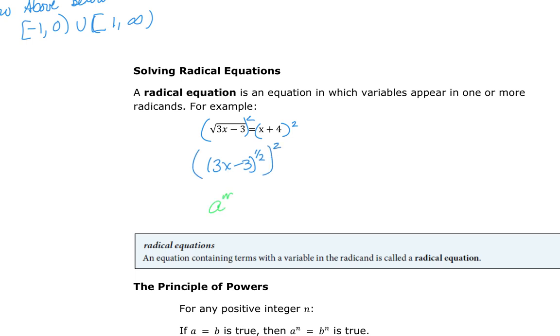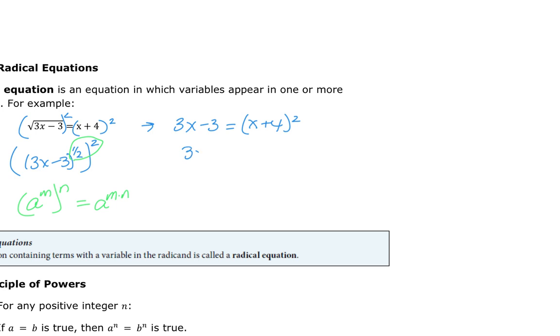If I have a to the m, raised to the n, this is a to the m multiplied by n. So in this case, these two multiply, give me a 1. So I'm going to have 3x minus 3 is equal to x plus 4, the quantity squared.